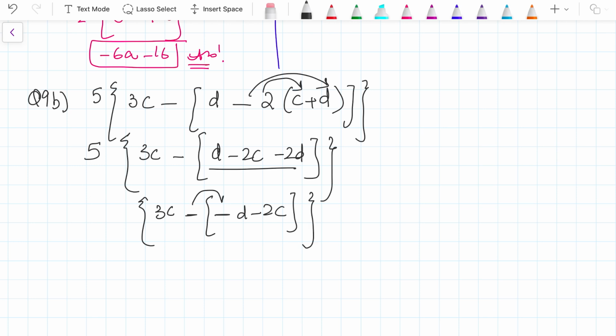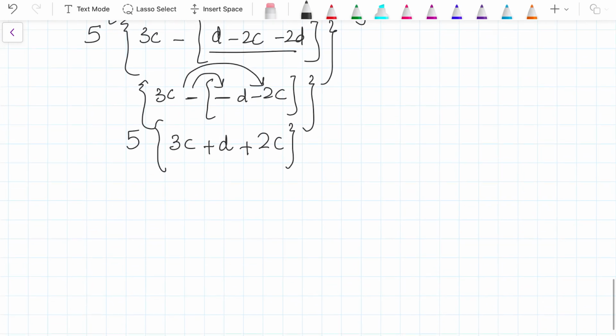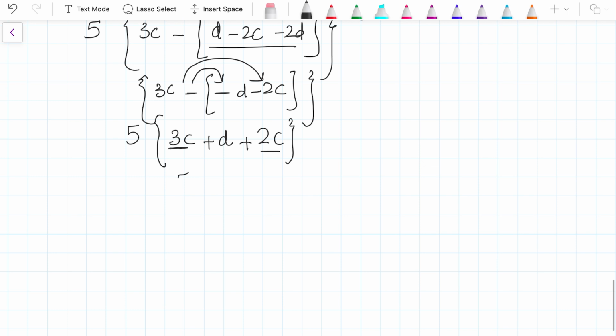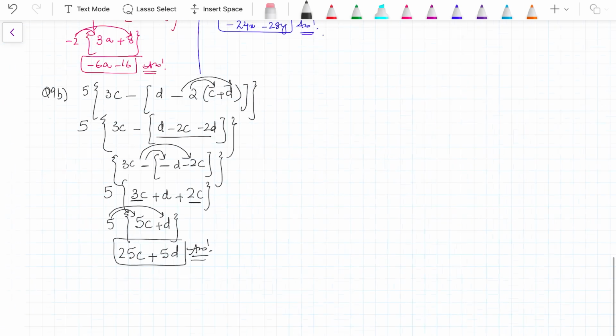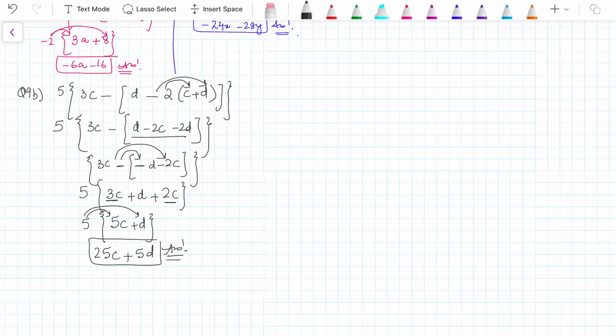There's a minus outside. Minus minus is a plus. Minus minus is a plus. 3 plus 2 is 5c. 25c plus 5d. You have to be very careful with the signs, because if one thing goes wrong, the entire question goes wrong. Let's discuss more.